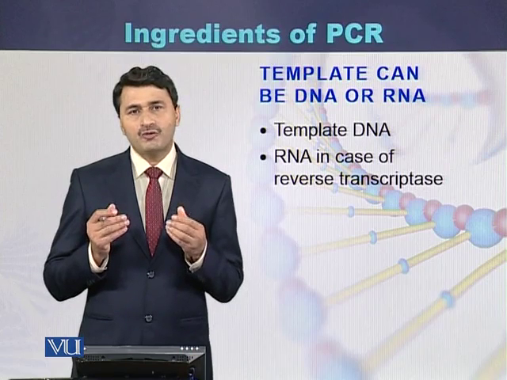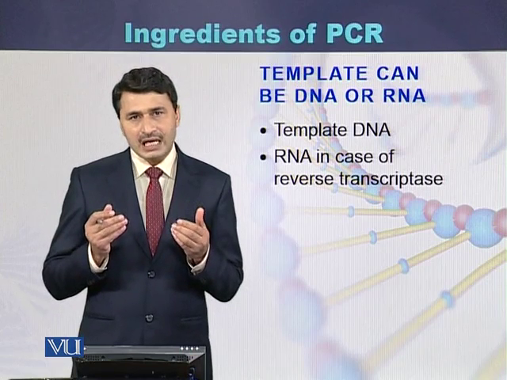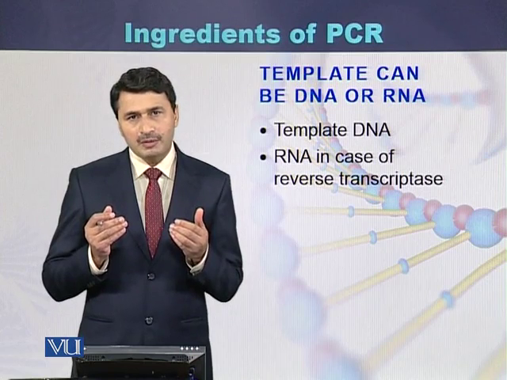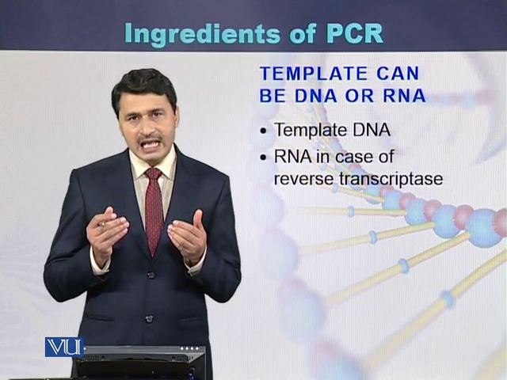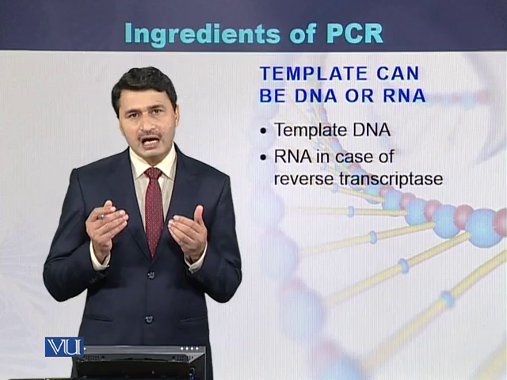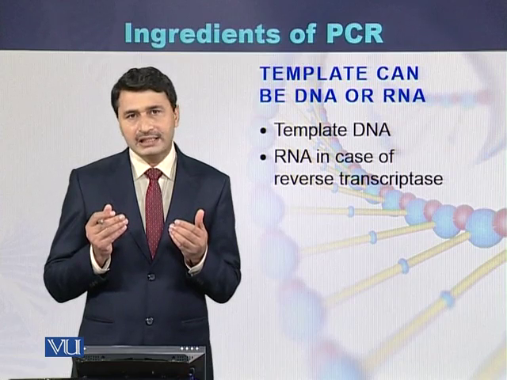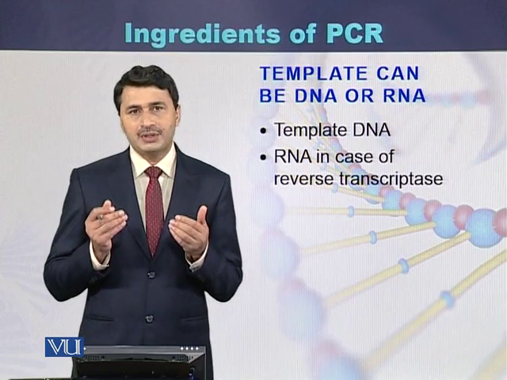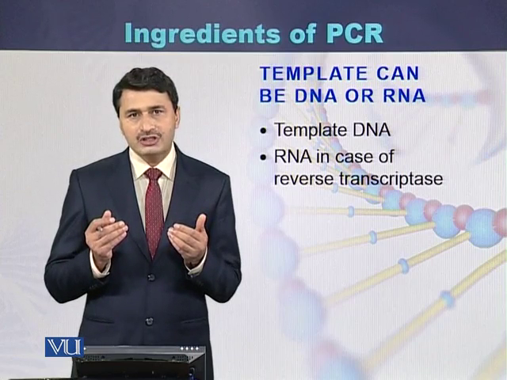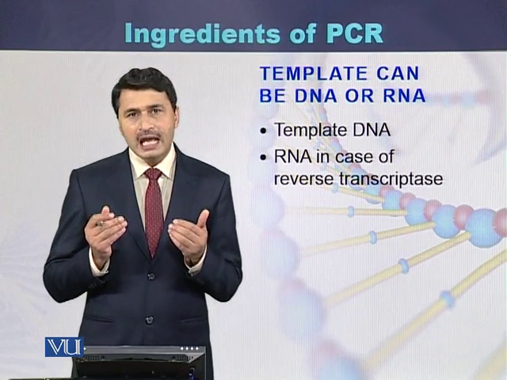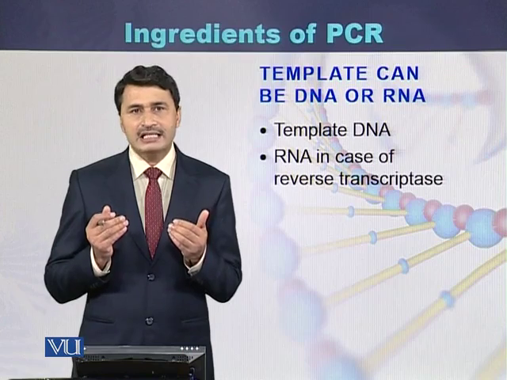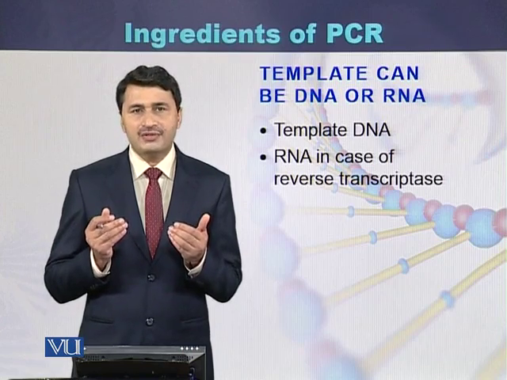So we can perform the PCR reaction by taking DNA as a template, and we can also perform it by taking RNA as a template, because RNA is first converted into cDNA and then that cDNA is amplified by the polymerase chain reaction.